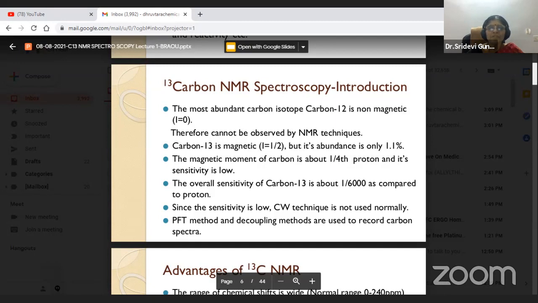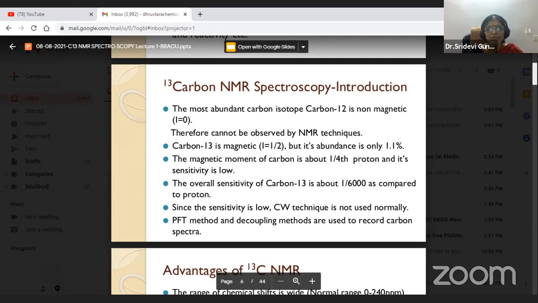Since the sensitivity is low, the CW technique, the continuous wave method, is not used normally because it takes days, sometimes weeks, to record one spectrum. You have two methods to record an NMR spectrum, the continuous wave technique and PFT, the pulsed Fourier transformation method.